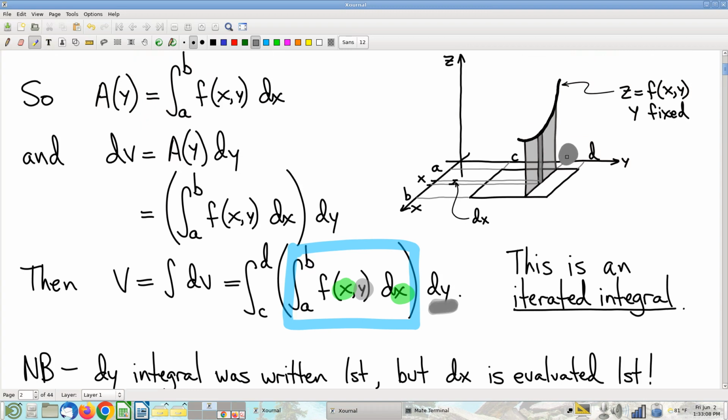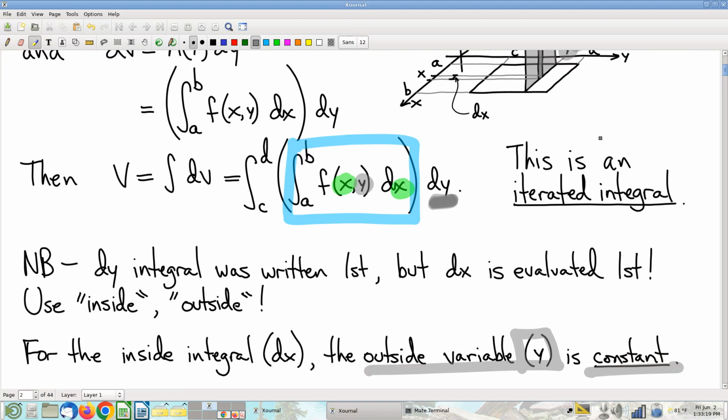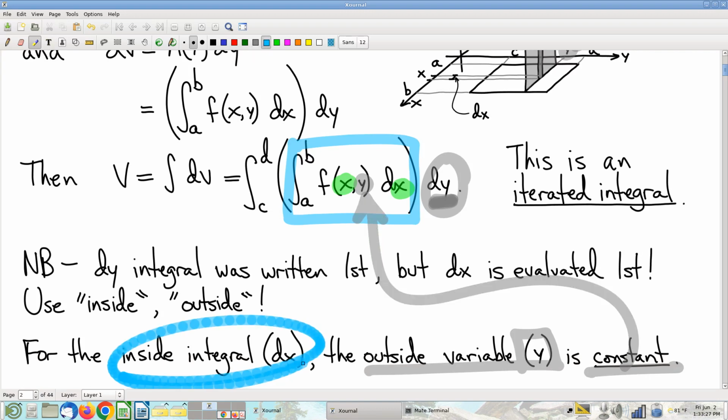That inside integral came with the understanding that we were fixing a single value of y. Okay, so good general rule to remember, when you have an iterated integral, the outside variable is constant for the purposes of the inside integral.